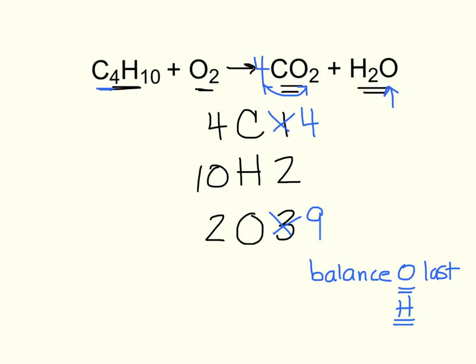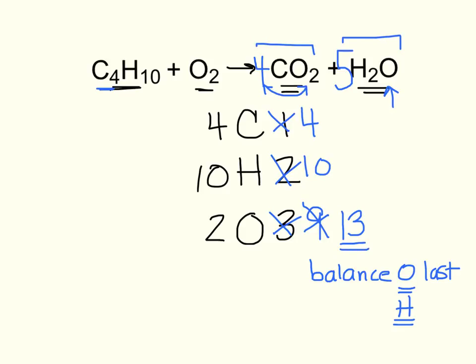I'm also going to now try changing my hydrogens. I'm not going to mess with my oxygens. So I have 10 hydrogens on the left. So to fix the right side, I know that if I put a 5 here, I will now have 10 hydrogens on the right. And this is going to change my oxygens yet again, so that now I have my 4 times 2, which is 8, plus another 5, so I actually have 13 oxygens on the right.